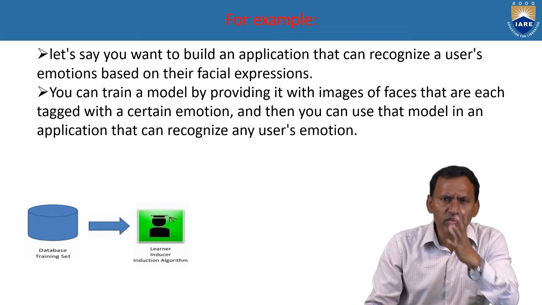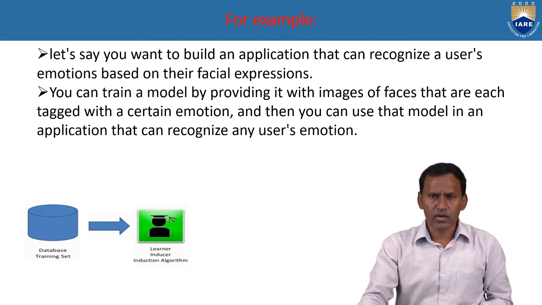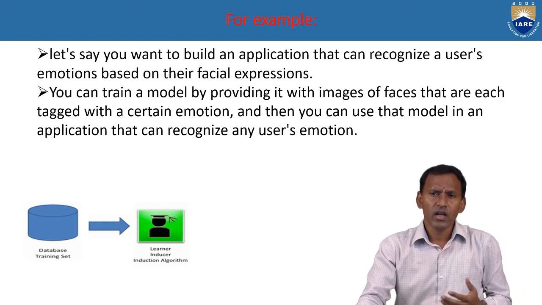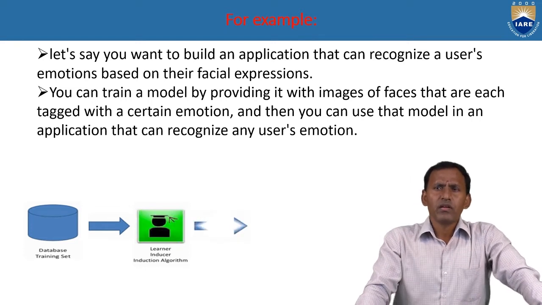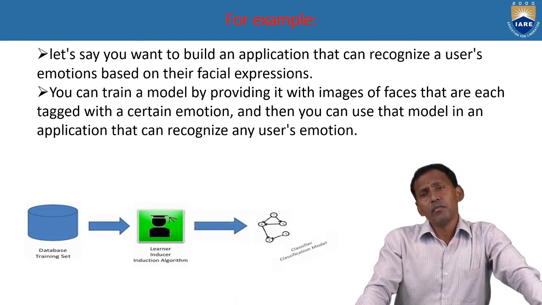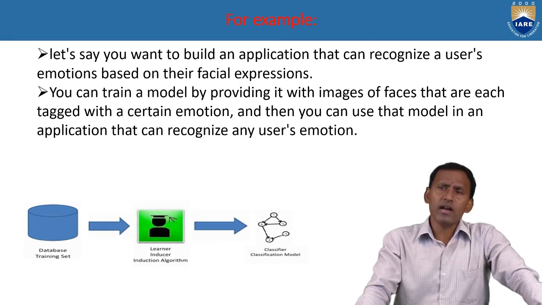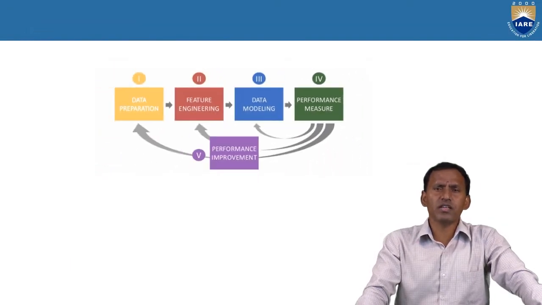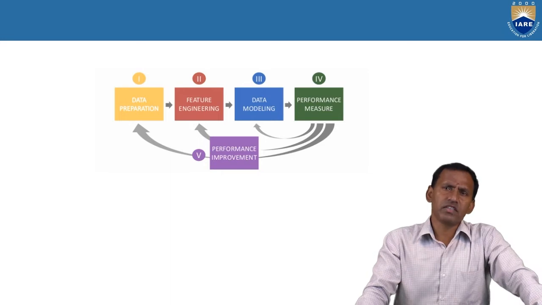Or else we use an unsupervised learning algorithm, or you can use a reinforcement learning algorithm. First of all we have to choose the learning algorithm, then build the model. That is what we discussed about one application of machine learning.